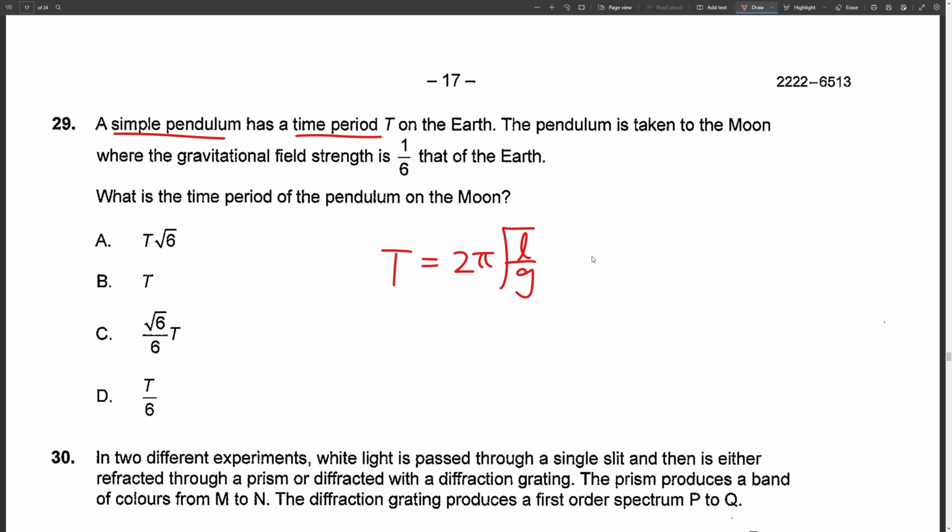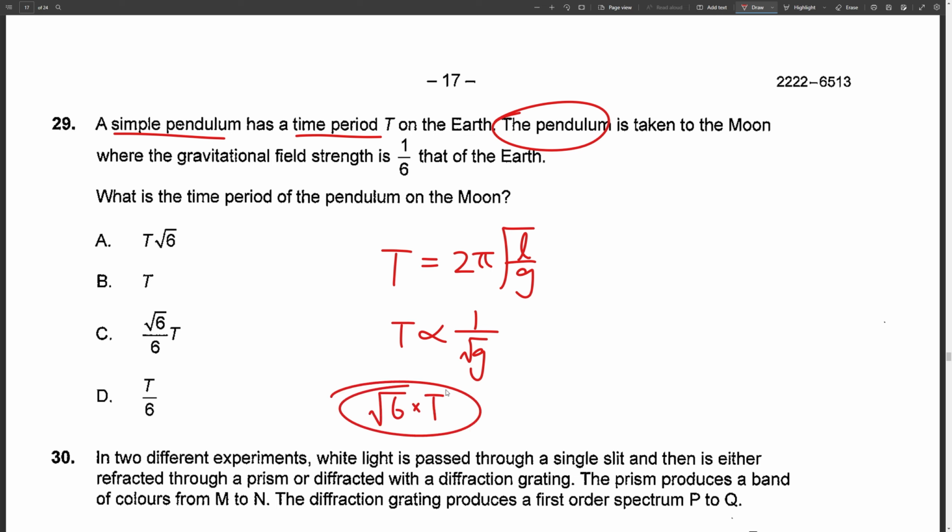Now we use the same pendulum on the moon and on the Earth. So L is a constant, which means T is proportional to 1 over square root of g. When g is reduced to 1/6, the time period would be root 6 times longer. Then the answer is A.